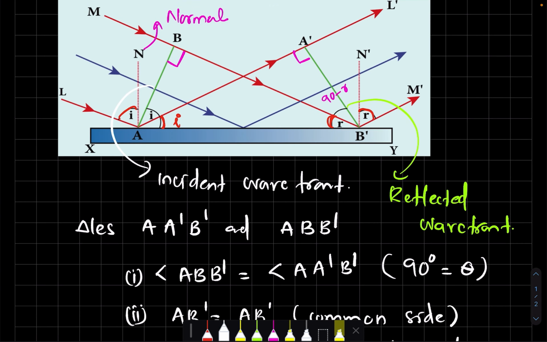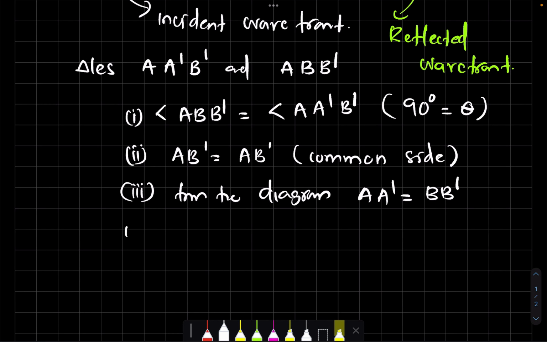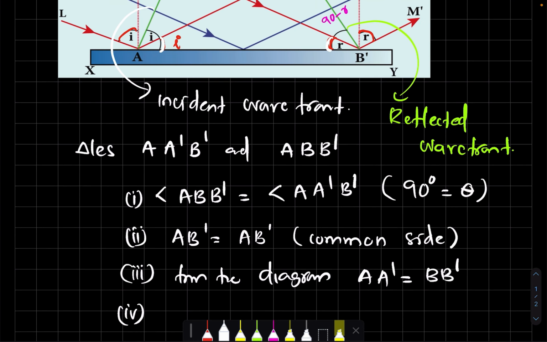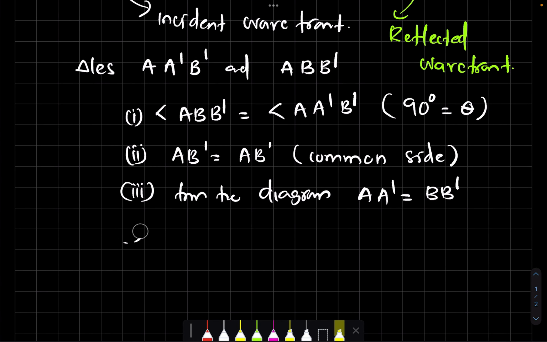Now look at this. If two sides are equal and one angle is equal, then automatically the other side is equal, and this is angle I and this is angle R. They are also equal. So these two triangles are congruent triangles.